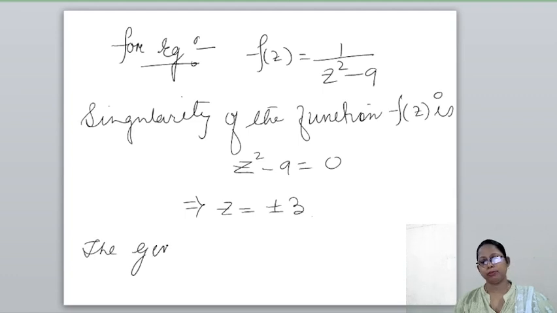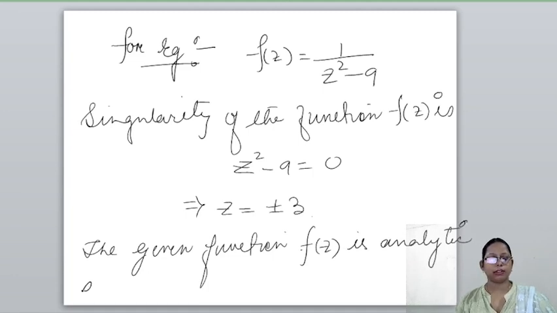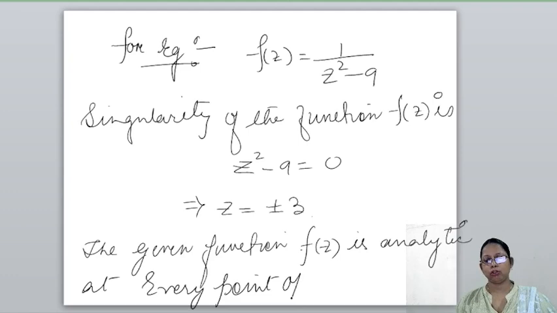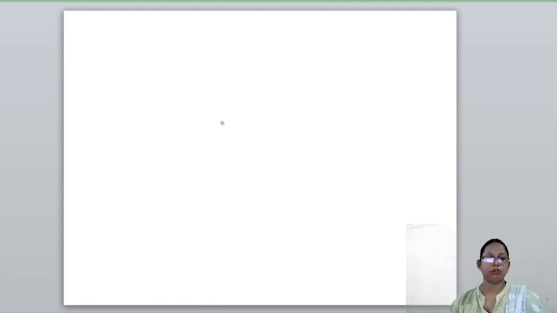Here z equal to plus minus 3 is an isolated singularity because the given function f(z) is analytic at every point of the delta neighborhood of plus minus 3, other than the points themselves.